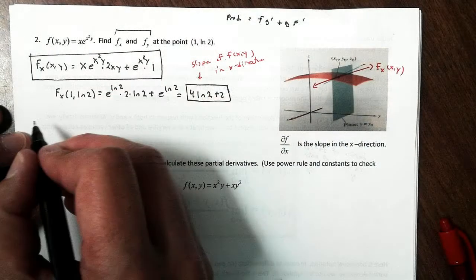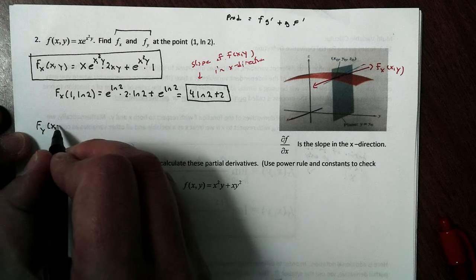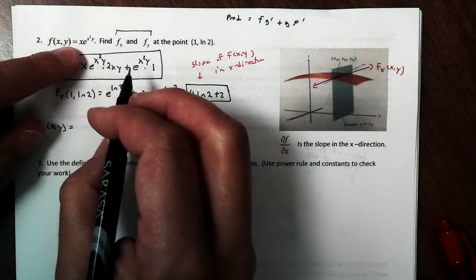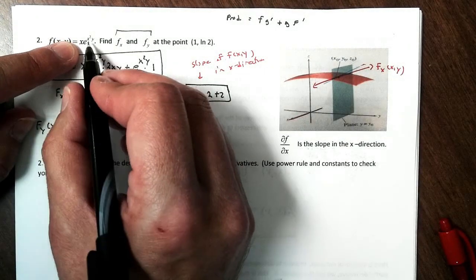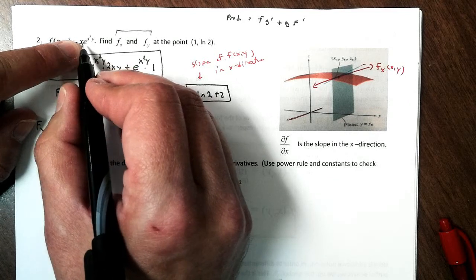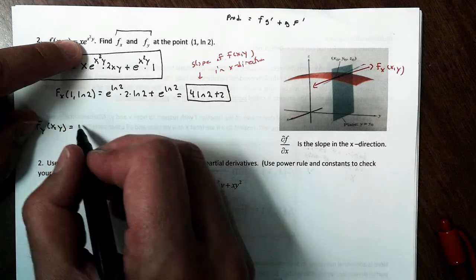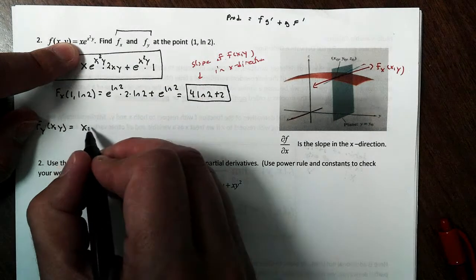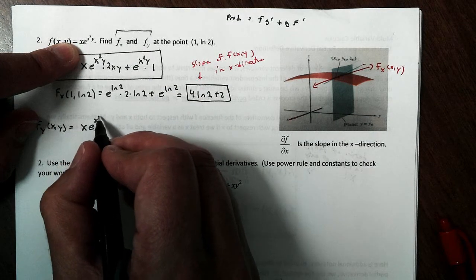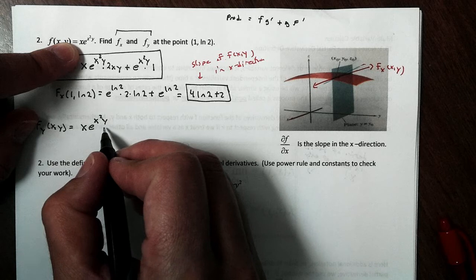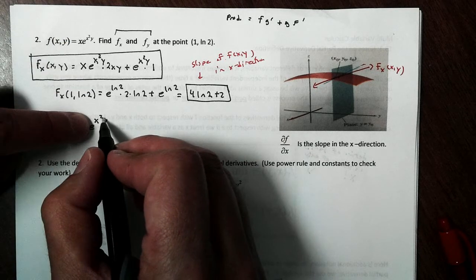Now finding the y, f sub y. Taking the derivative, I don't have to use the product rule here because the only y is up here. x is just like a constant. So this is just going to become x e to the x squared y times the derivative of the inside.